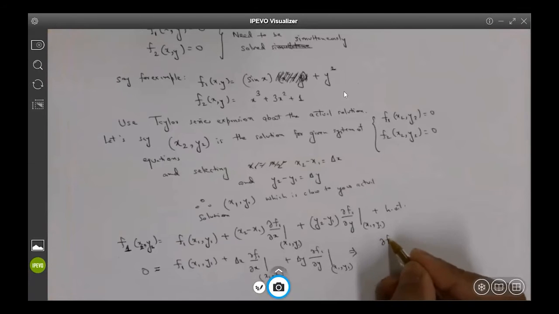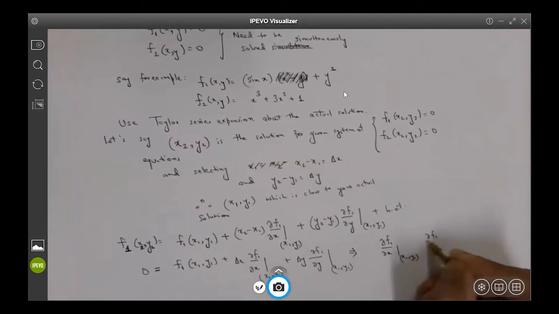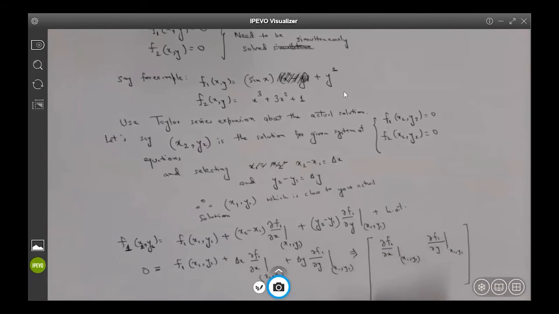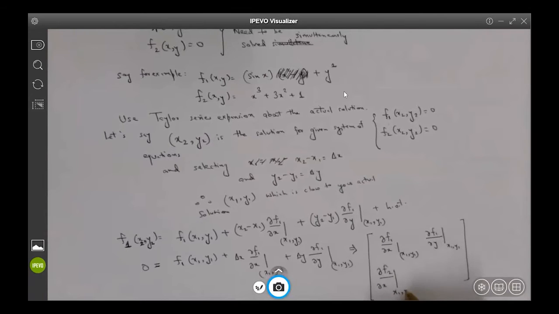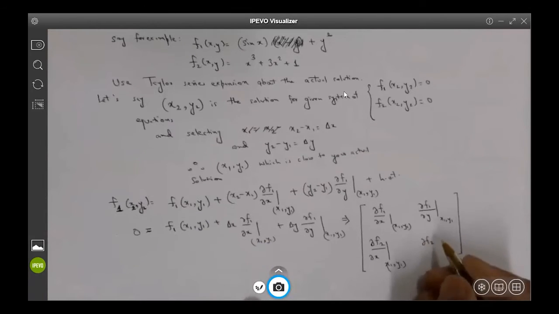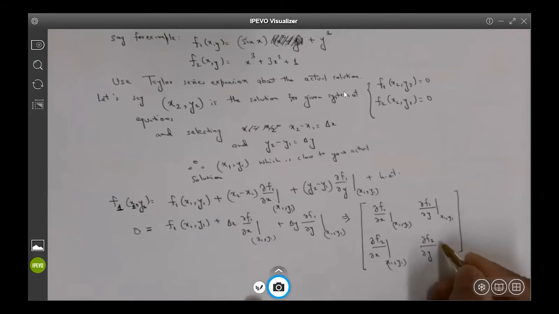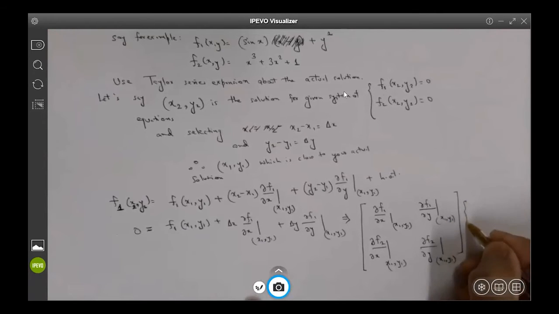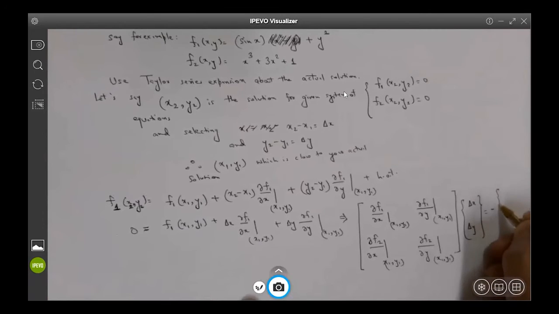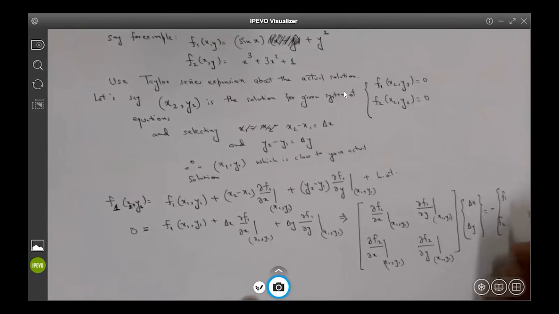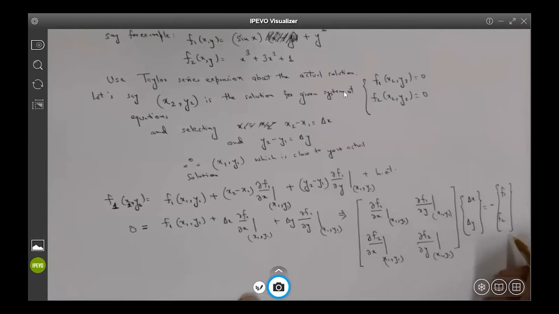And what I'm doing here is trying to solve this system of equations, which becomes: the matrix with del f1 by del x, del f1 by del y, del f2 by del x, del f2 by del y, times delta x, delta y, should equal the negative of f1 and f2 calculated at x1, y1.